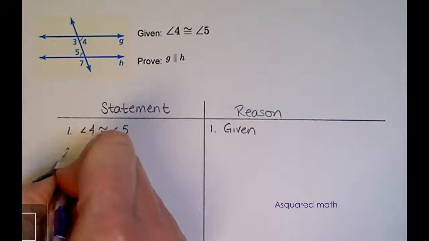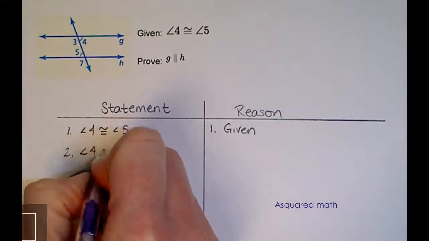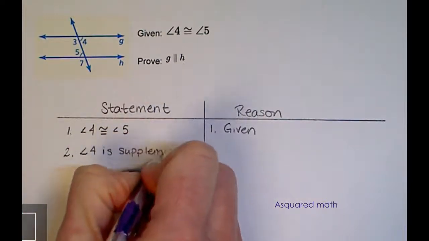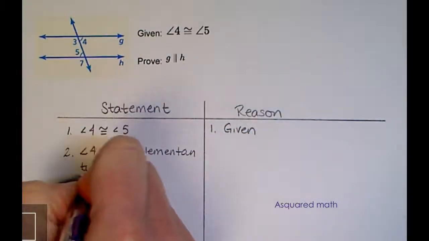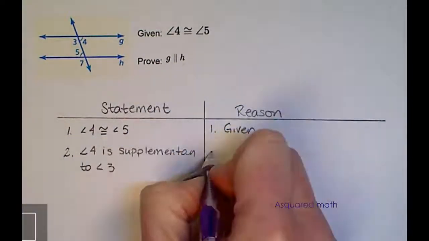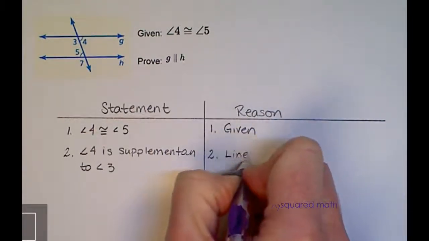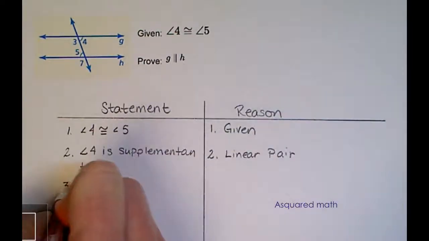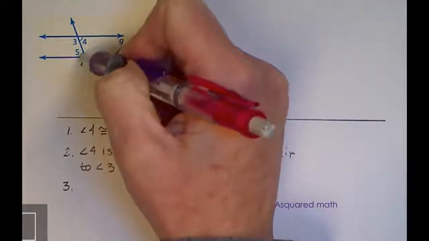So statement number 2, we're going to say that angle 4 is supplementary to angle 3. And the justification or reason for that is linear pair. We can also say the same thing about angle 5 and angle 7.